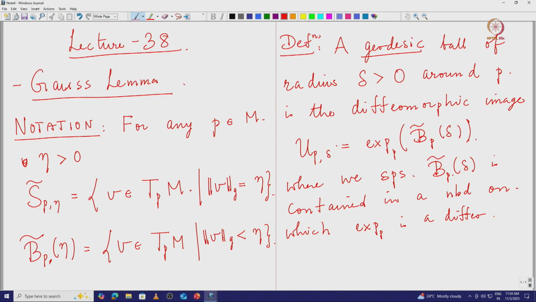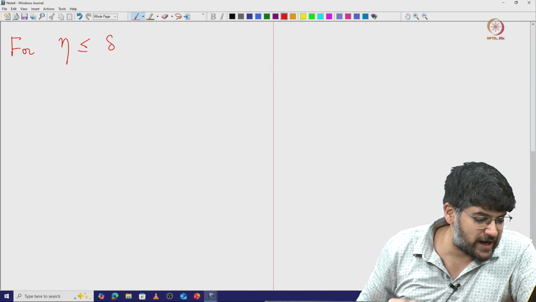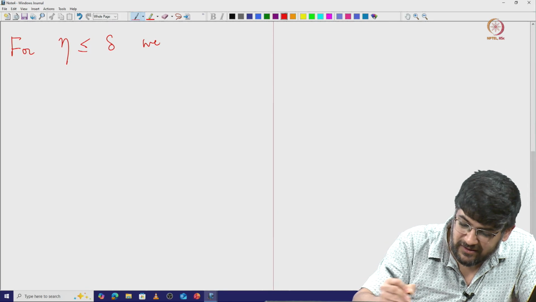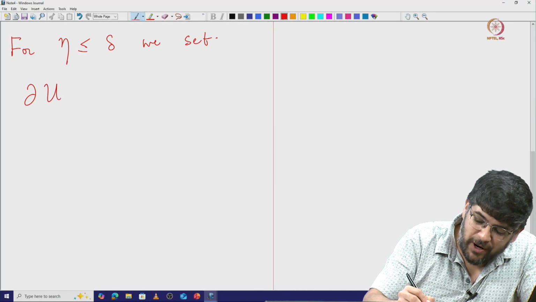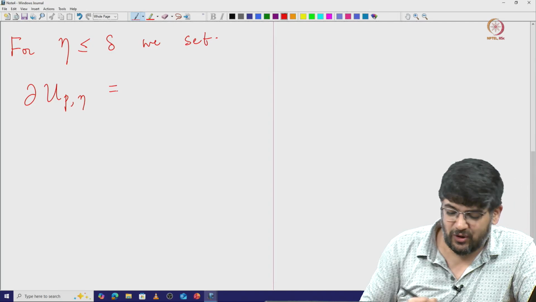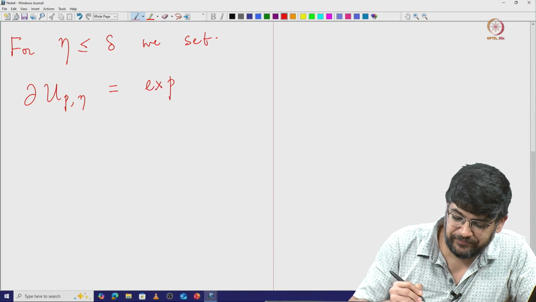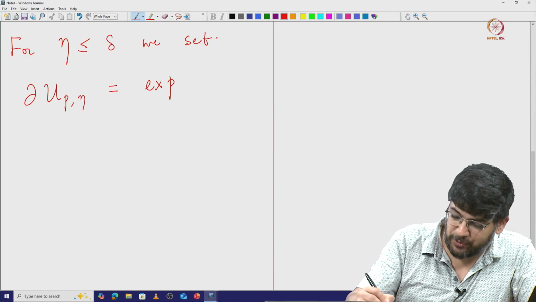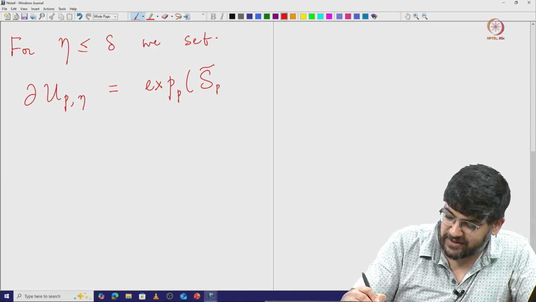Alright, then for eta less than or equal to delta, we set the boundary of this geodesic ball as simply the exponential of this geodesic sphere in the tangent space.